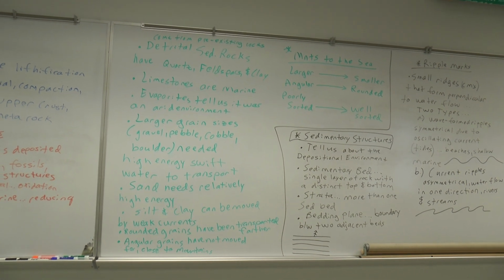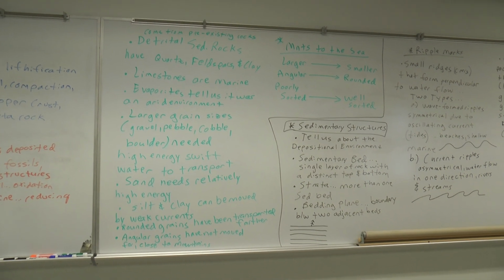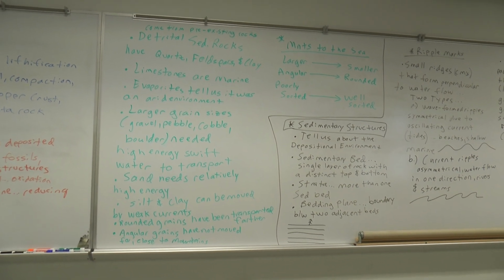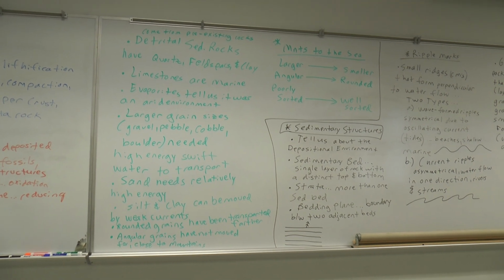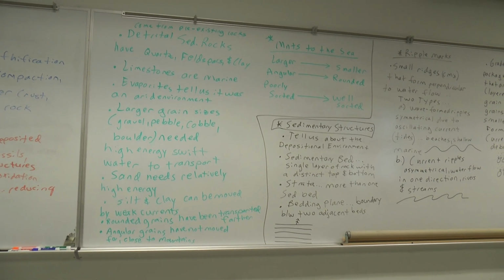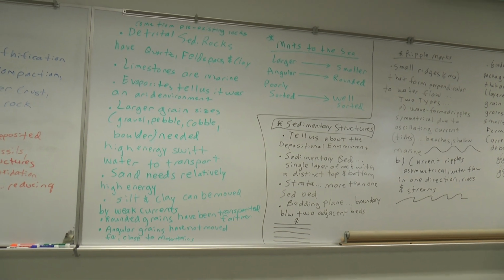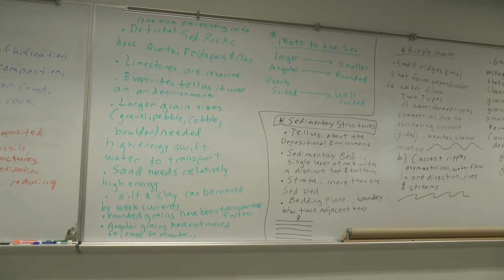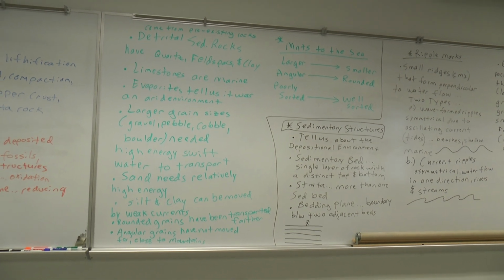Larger grain sizes, meaning gravel, pebble, cobble, and boulder, needed higher energy, swift, fast-moving water to transport. Sand, there's different sizes of sand, but in general, sand needs relatively high energy. Not as high in energy as the larger grains, but you do need some water flow to move sand.